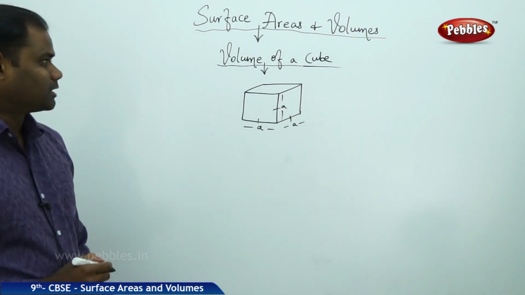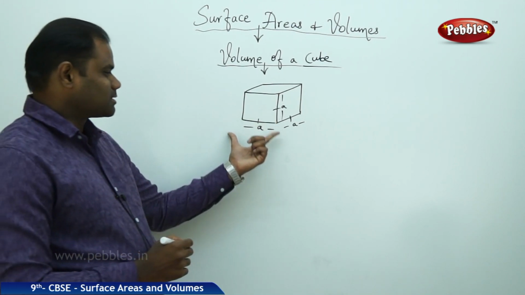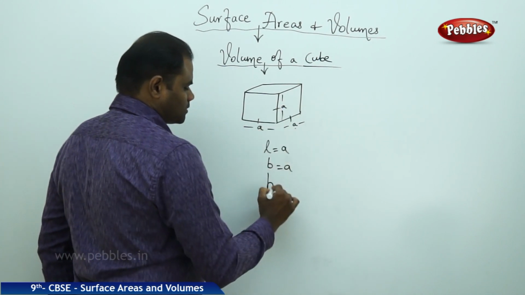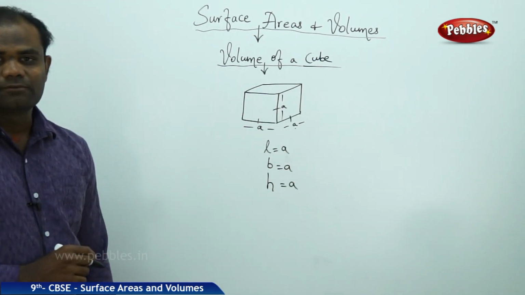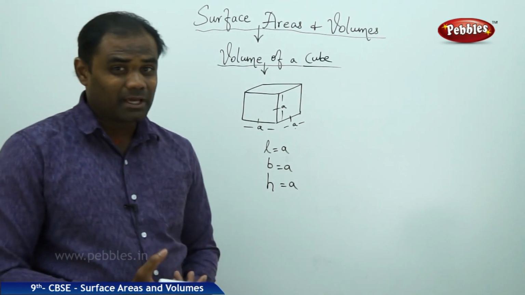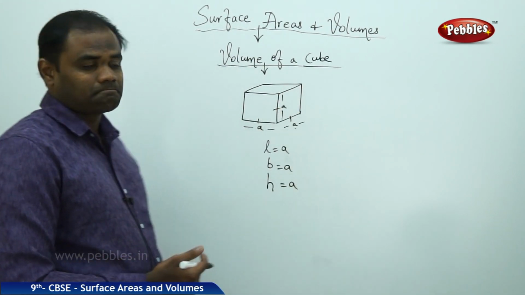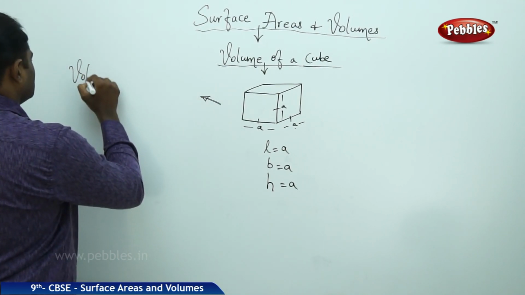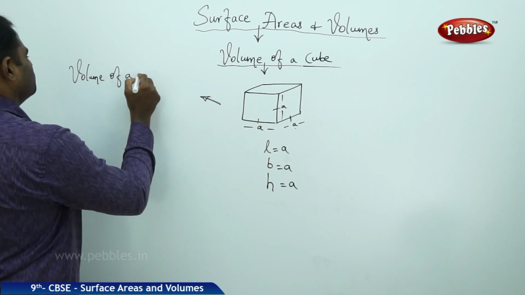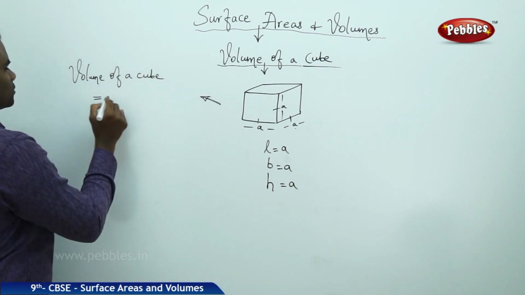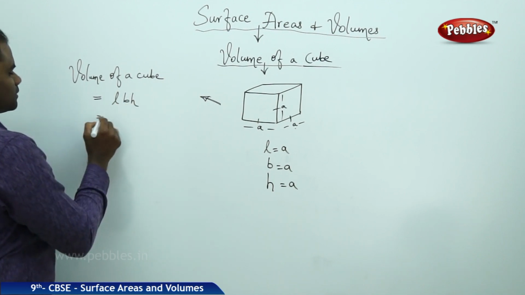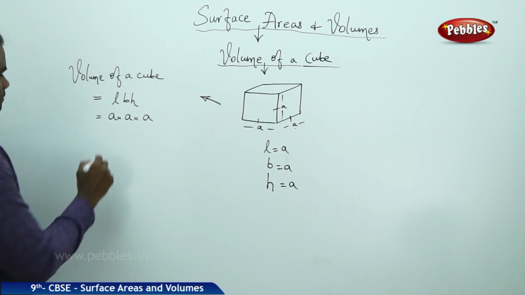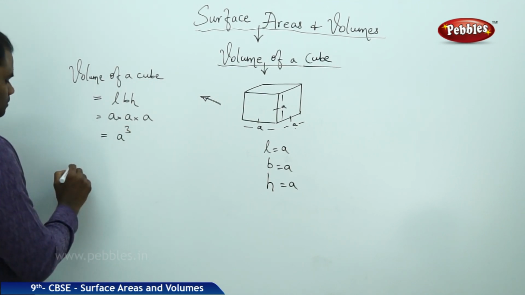That means if this is a cube, then its length is A, width is A, and my height also is A. Therefore, my volume of a cube is LBH, A times A times A. So I get the formula which says volume of a cube as a special case of a cuboid is LBH, but my L is A, width is A, and height is A, which gives me A cube.